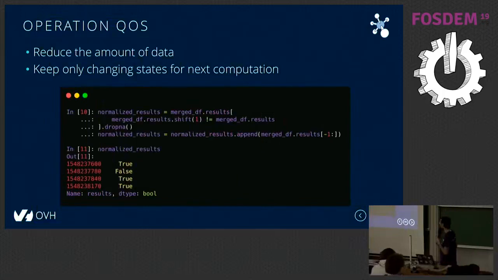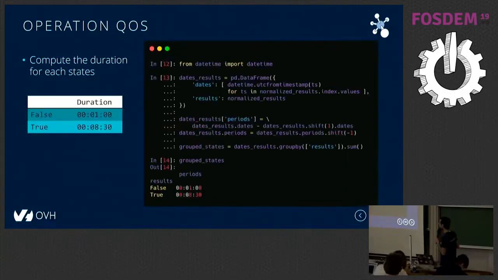Now we want to just keep the changing state, because this is just true and false, so we can reduce the amount of data, especially for the next computation. I will speak about that later. And in order to compute the QoS, we want the duration.